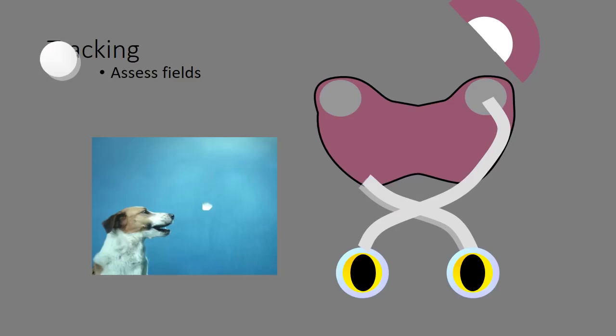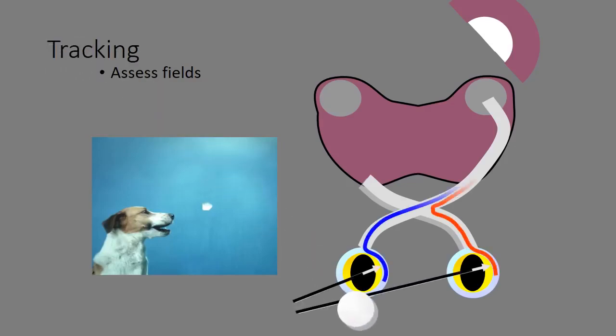Another test that can be done is with tracking, and this can be very useful to assess one eye at a time. When an object catches a patient's attention, they should look in that general direction. Be sure to use a light object, such as a cotton ball, so that when the object hits the ground, it does not make a sound.